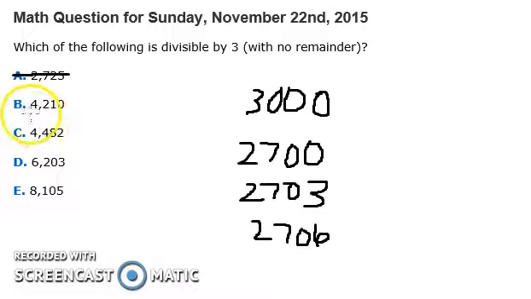And we can do the same thing here, but this one's a little different because 42 is a multiple of 3, but it's not one of those that's really commonly known right off the top of your head.